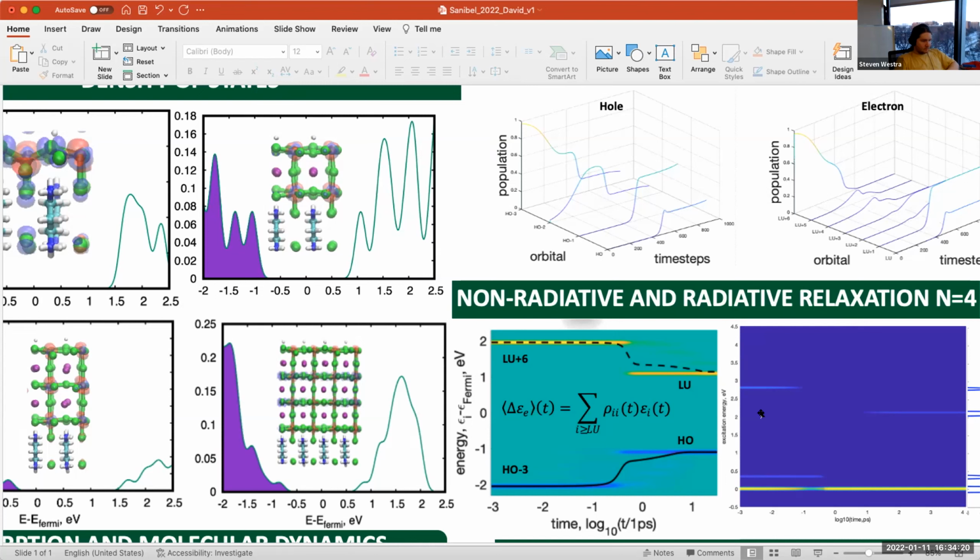Yeah, based on the black line, it looks like it barely almost reaches full occupation in the LUMO. So it might be worth just extending the x-axis out to like 100 picoseconds or a nanosecond, just to make it look like you're not trying to hide something.